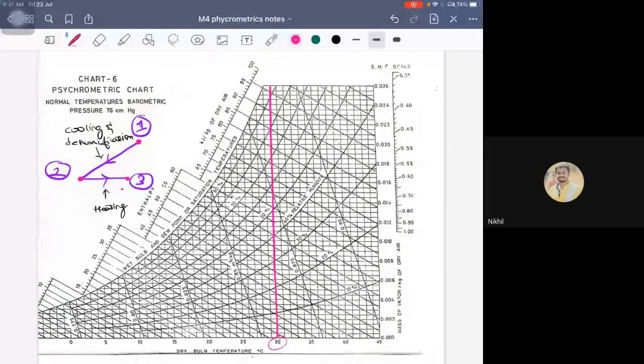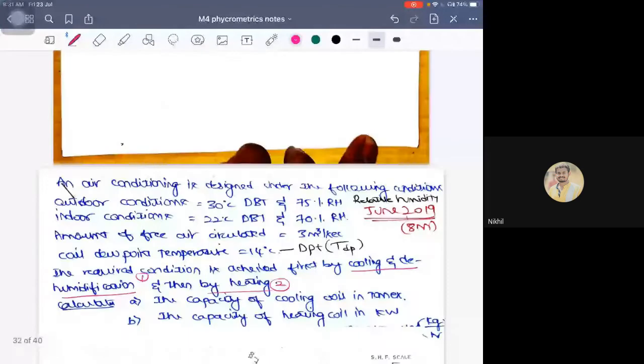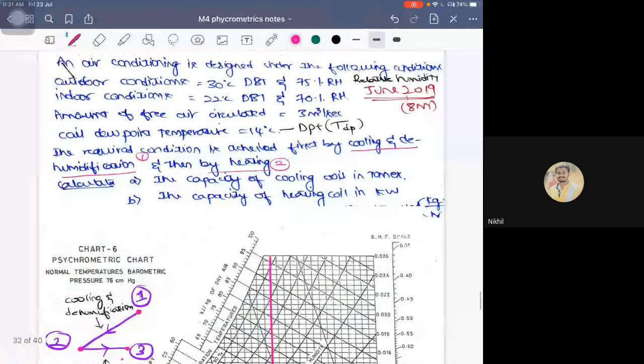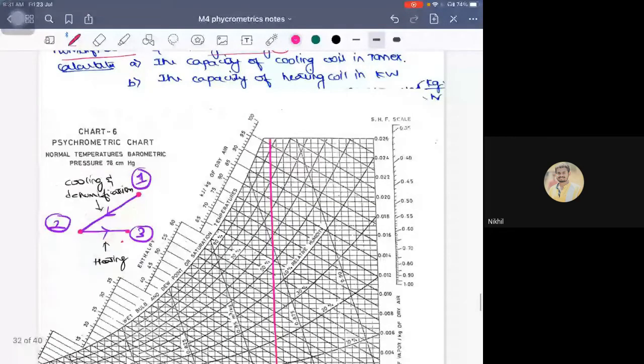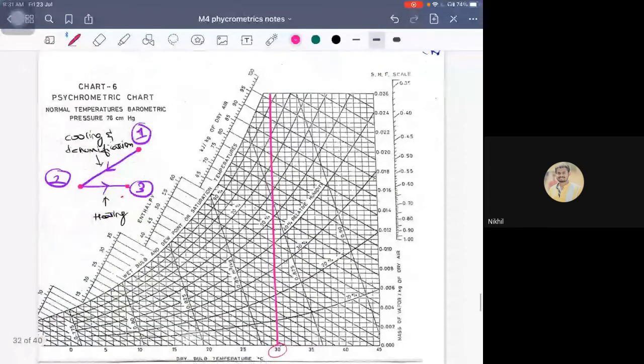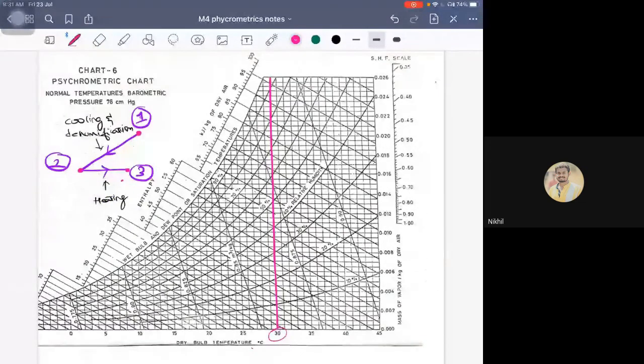Good. Next. So the outdoor conditions are 30 degrees Celsius DBT, 75% RH. So where can I find the relative humidity line, 75%? Where are the relative humidity lines? Curves.